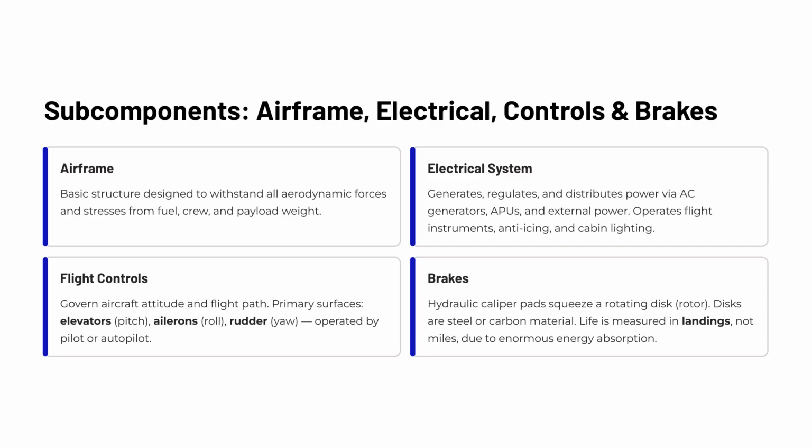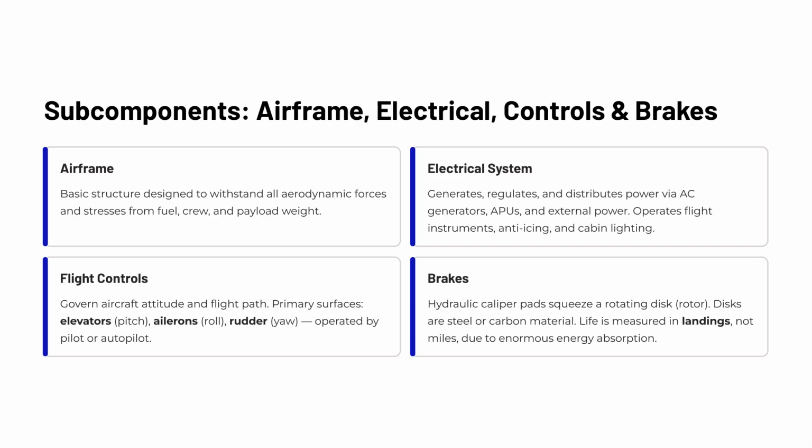Flight controls govern the aircraft's attitude and flight path. The three primary control surfaces are the elevators, which control pitch, the ailerons, which control roll, and the rudder, which controls yaw. These surfaces are operated either directly by the pilot or through the autopilot system. Finally, the brakes.